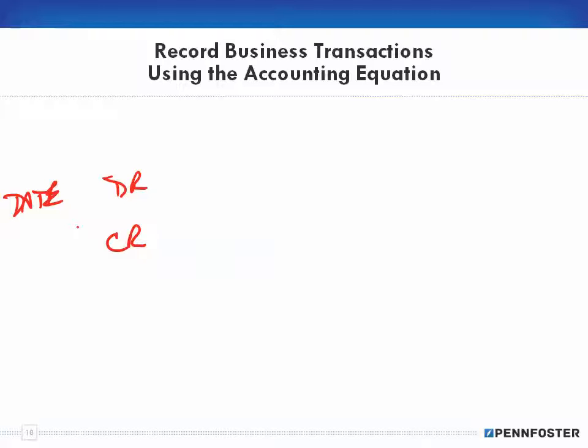But in this case, when I'm making a sale on account, which is affecting accounts receivable, I'm not affecting cash.